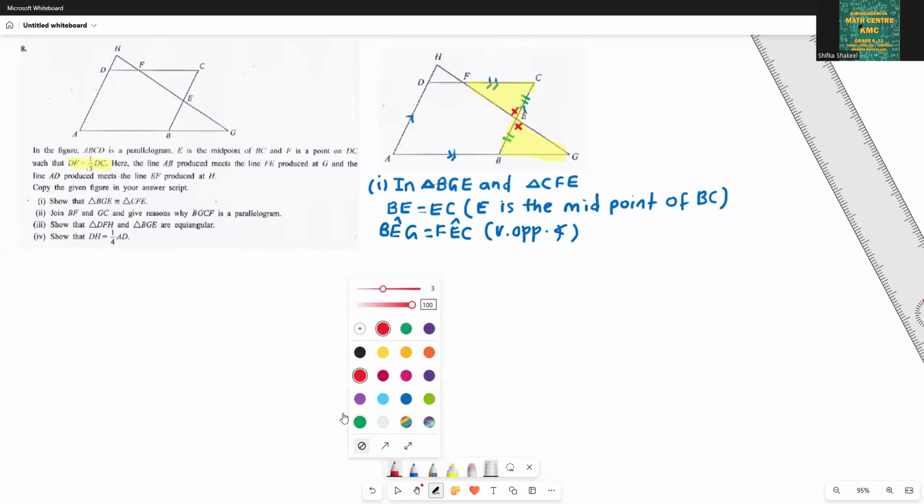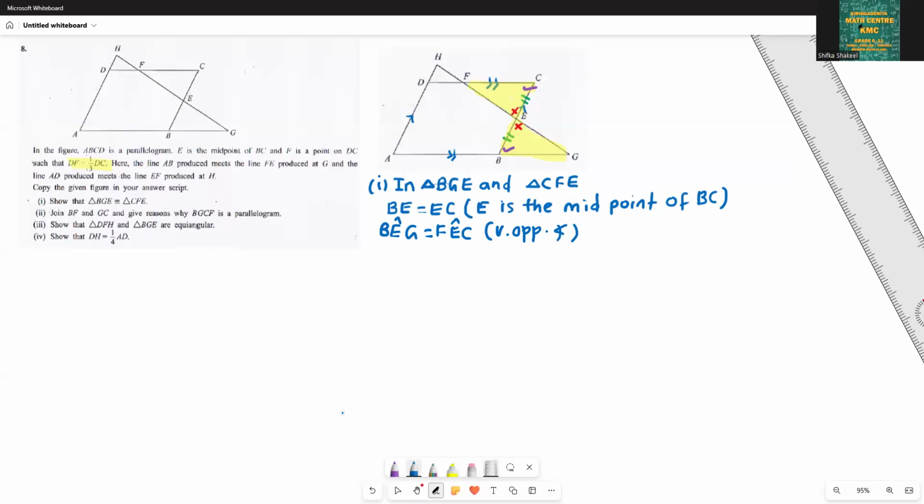Moreover, children, we have to take another thing in order to make congruency. This angle EBG is equal to this angle. Why is that equal, children? Because alternate angles form when parallel lines are marked in a parallelogram. Opposite sides are parallel. If two parallel lines and one transversal are there, we can take alternate angles equal. Here, Z shape, alternate angles.